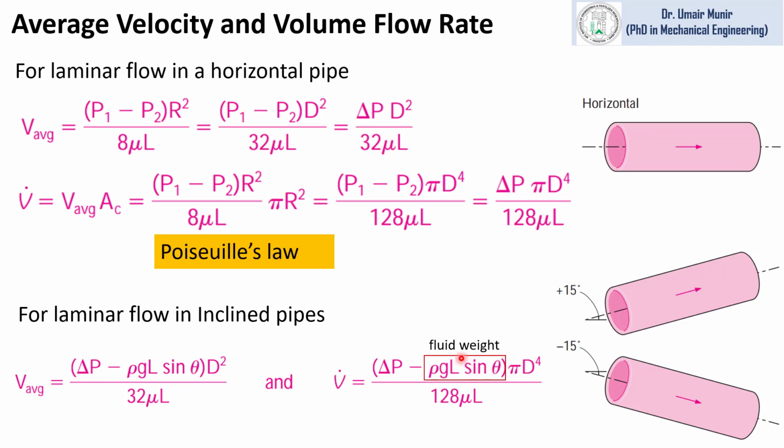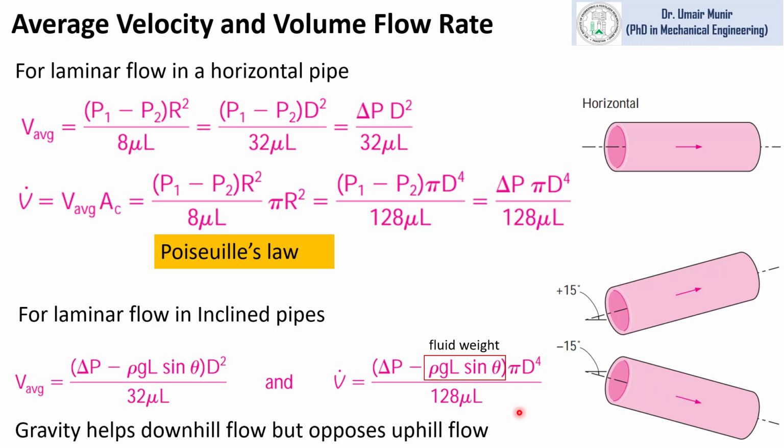This weight is added when the fluid is moving uphill, and this weight is subtracted when the fluid is moving downhill. These expressions of average velocity and volume flow rate will be used when we are given the pressure drop data for laminar pipe flow.